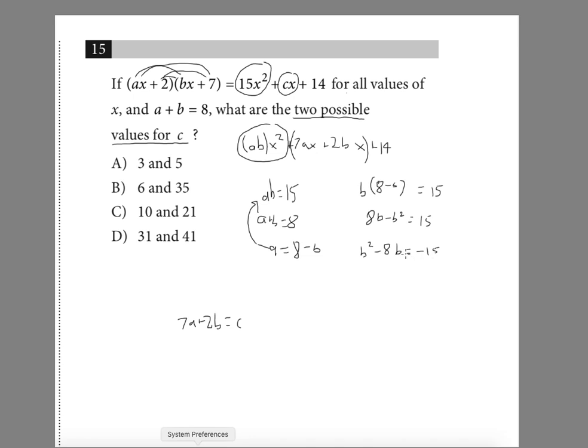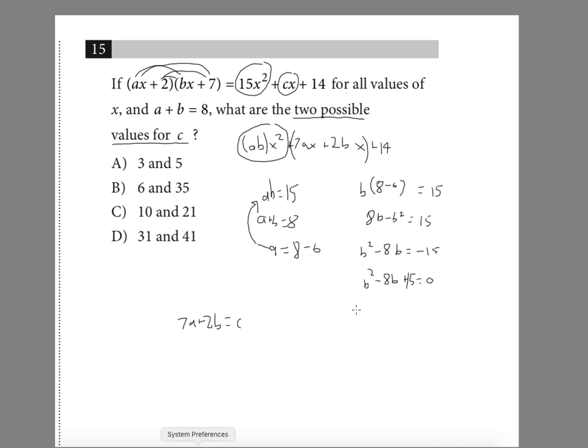We can add 15 on both sides of the equation, so we get b squared minus 8b plus 15 is equal to 0. And then, you say, hey, oh my gosh, we're stuck right here. But we can actually factor this out. And so what are two factors of 15 that'll add up to -8?